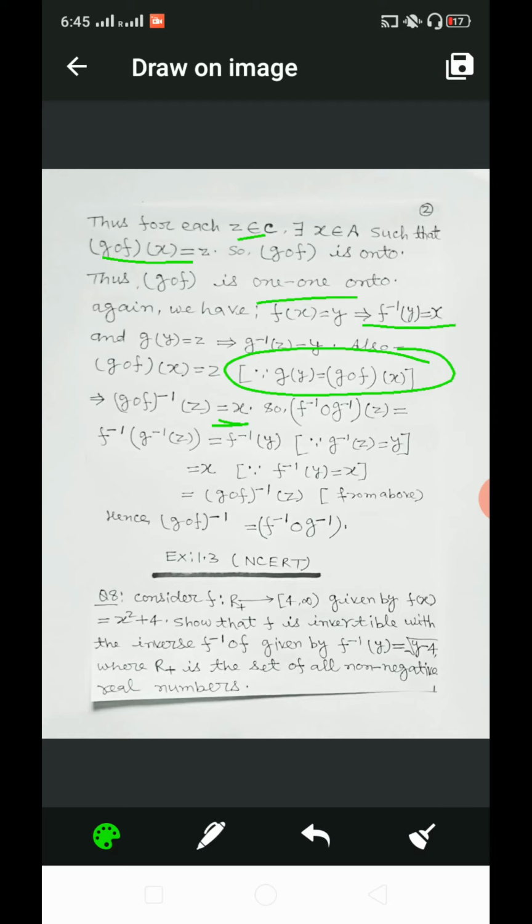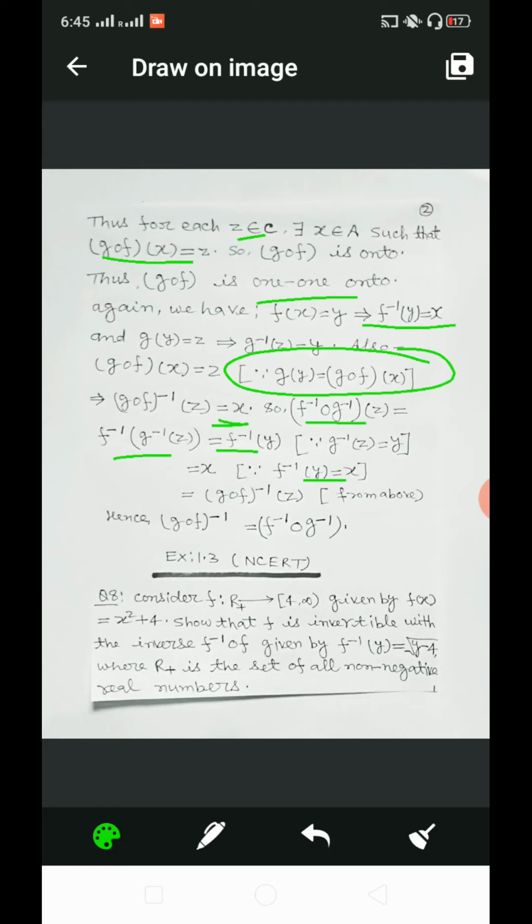Now f inverse of g inverse of z, on the basis of composition of functions, can be written as f inverse of y. Why? Since g inverse of z is equal to y from above. And f inverse of y can be written as x, since f inverse of y is equal to x, this is also from above.